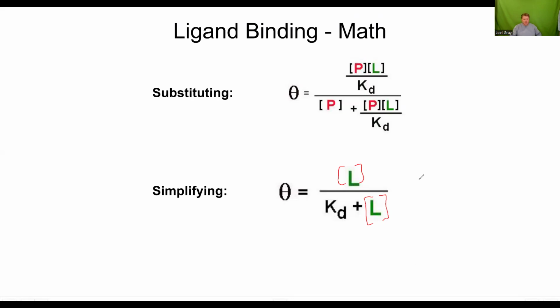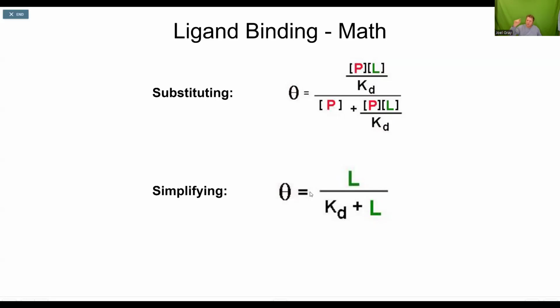Sure, they're just our models, but that bracket indicates molar concentration. And when we talk about a protein that binds a gas, we have to make a little bit of a modification to how we discuss this.